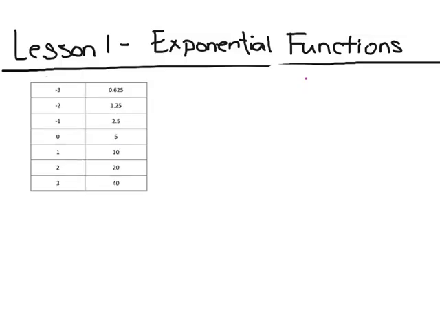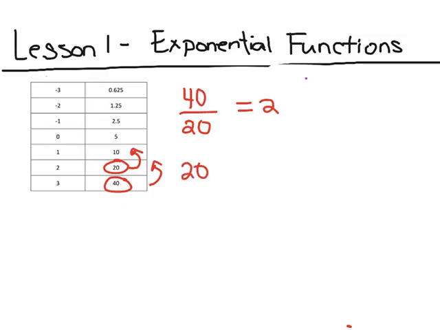Alright, example 2. We want to show from the table of values that the function is exponential. So the way that we do it is we take our biggest number, and we're going to divide it by the number right in front of it. So if we take 40 divided by 20, we get 2. And then we do the same thing. 20 divided by 10 is 2.